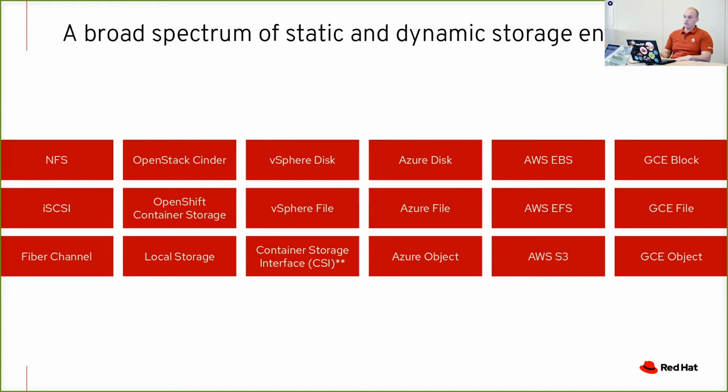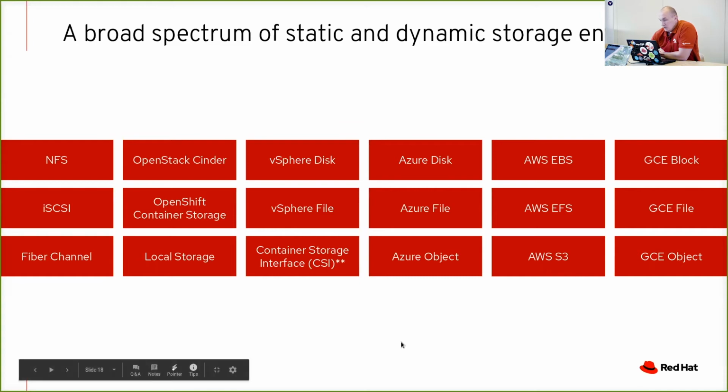So OpenShift, in order to integrate with different storage technologies, provides support for many different storage plugins. Depending on the technology and the infrastructure you are running, we support public cloud storage technologies.